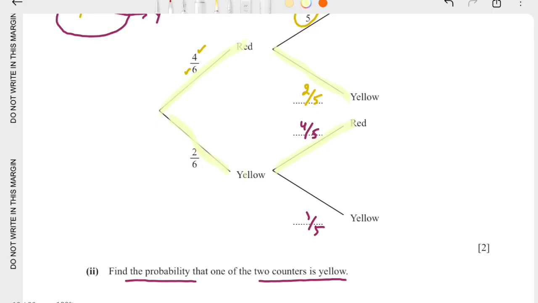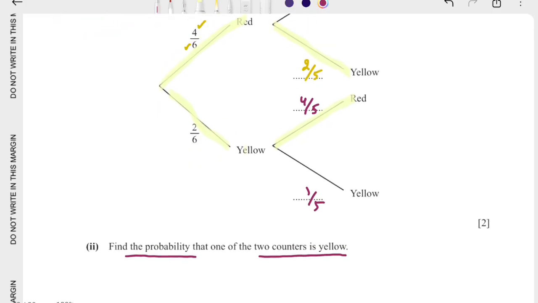So let us take their probabilities. Probability of red and yellow or probability of yellow and red.